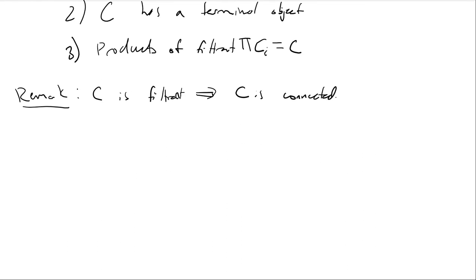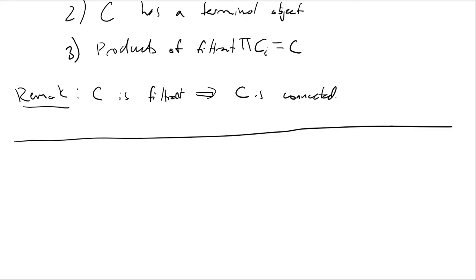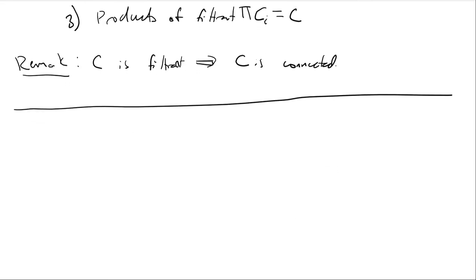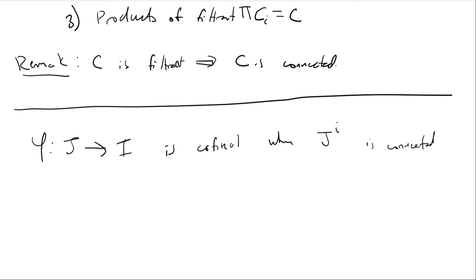The next result is an enhancement of a previous one. We saw in a previous video, back in section 2.5, when we talked about cofinal functors, we gave a characterization of cofinality. In particular, if we have a functor from J to I, this is cofinal, in case you forget, when the category J_i is connected for every i.